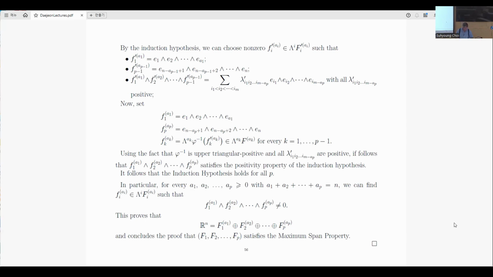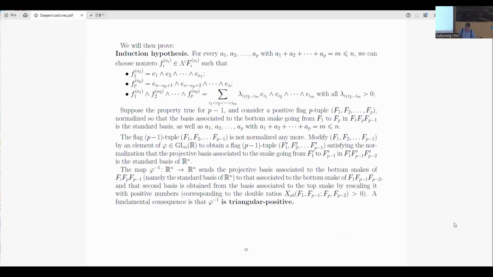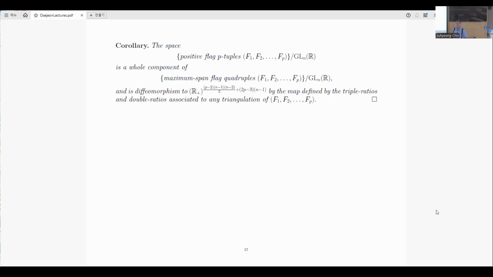But really, what I want to emphasize is that what we used here is the fact that the change of basis matrix was triangular positive, namely the one we determined using snakes. That's the key ingredient. And then this idea of positivity.